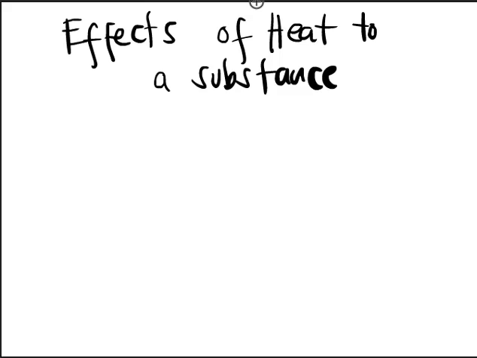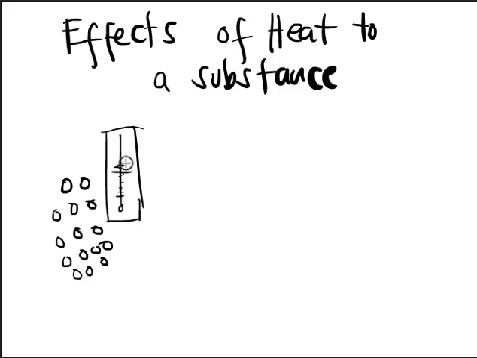The motion and spacing of the particles determines the state of matter of the substance. The end result of increased molecular motion is that the object expands and takes up more space. Okay, so this is a thermometer.